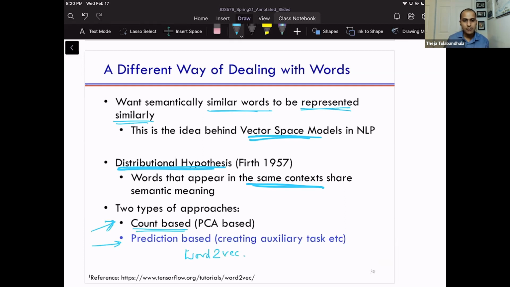It's a prediction-based approach to get, at the end of the day, vector representations of words. Hopefully, words which appear in similar contexts should have similar vectors. Similar vectors just means the numbers should be almost the same, or if not, the inner product should be high, or maybe the Euclidean distance should be low.